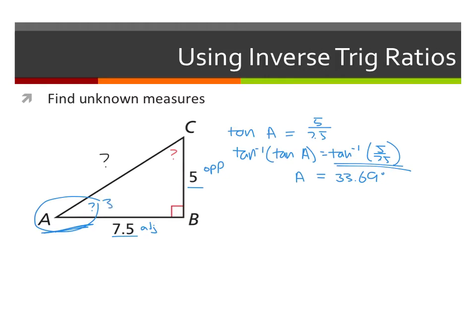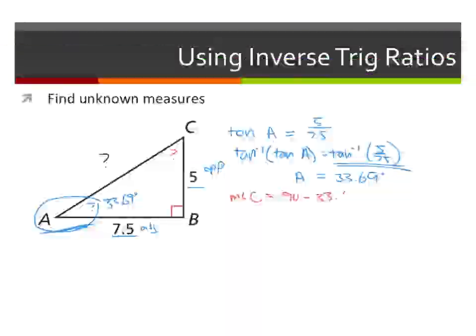So this is 33.69 degrees, which makes the measure of angle C the complement of that, right? So 90 minus 33.69 equals 56.31 degrees. That was easy.